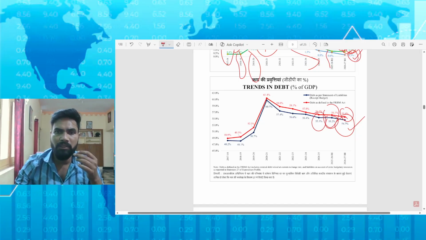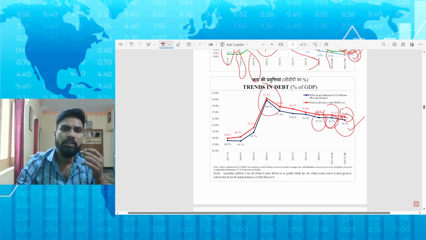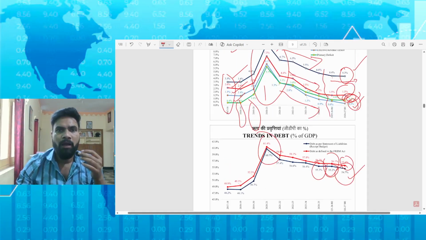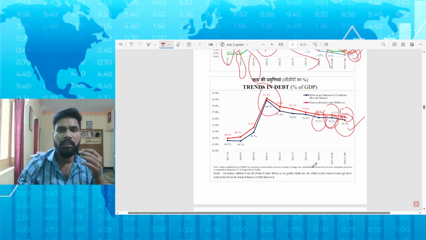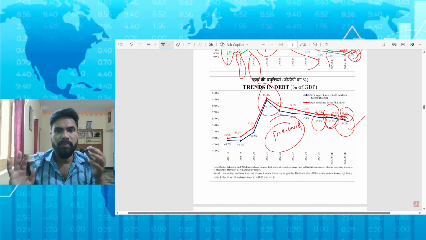Before that, it was at 55.3. Definitely you can see there is a huge spike during the COVID years in the debt taken by the government. One assessment you can bring here is that the government is unable to bring down its debt burden to the pre-COVID levels.